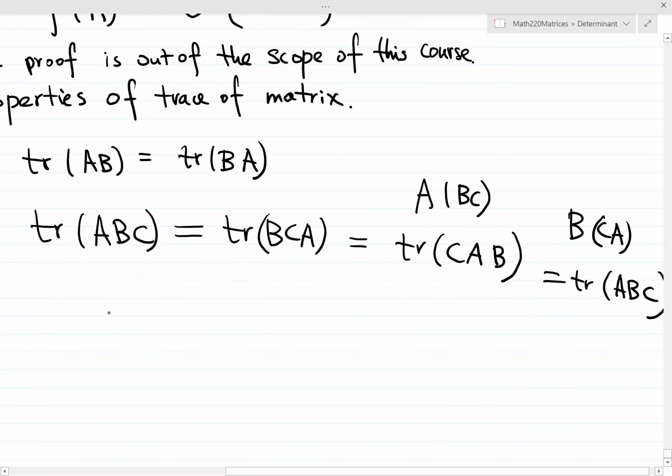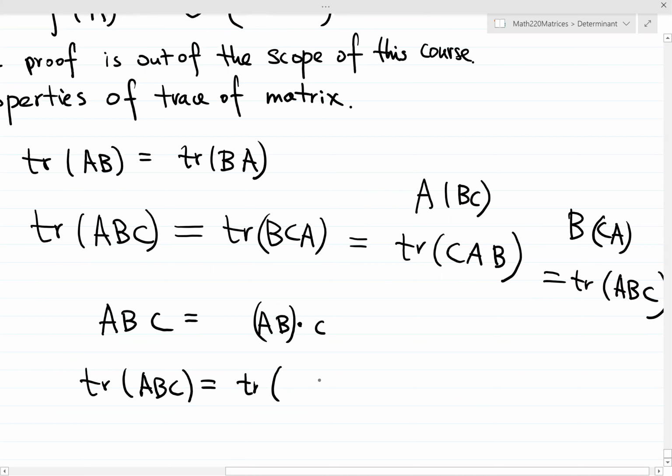So if you write ABC in this manner, as AB times C, you have trace ABC equal to trace CAB. You never get BAC. It's possible that they have the same trace, but in general it can fail.